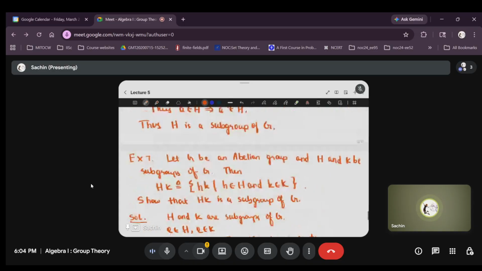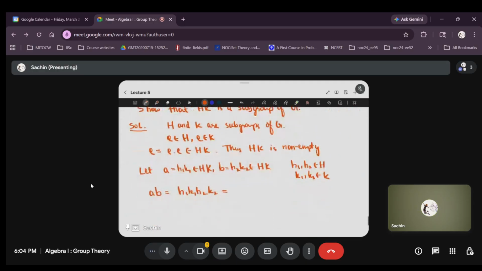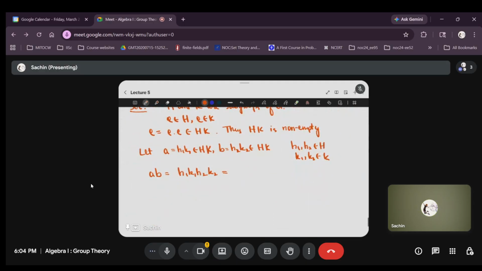It is abelian. That's why we took it abelian. Otherwise it won't be a subgroup. So this belongs to H because H is a subgroup and H1, H2 are elements of H. So H is closed under the operation.